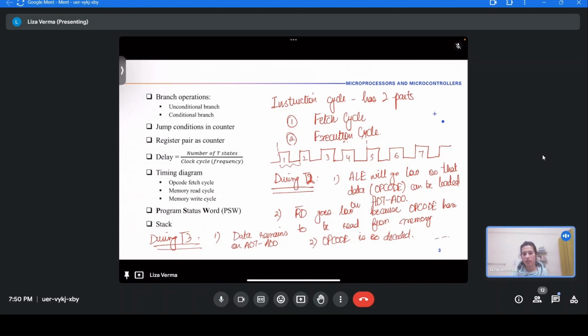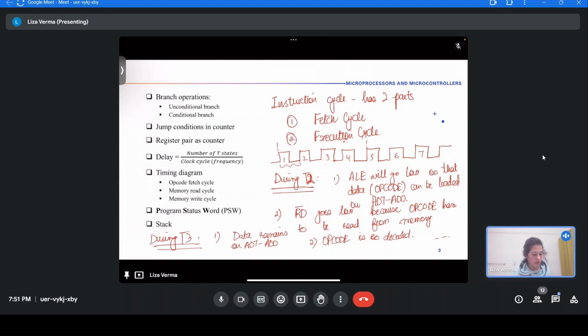So basically, during T3 and T4, the MPU has fetched the opcode. This time is used to get that opcode from the data bus to the MPU itself, and then in T4 it's decoded, right?